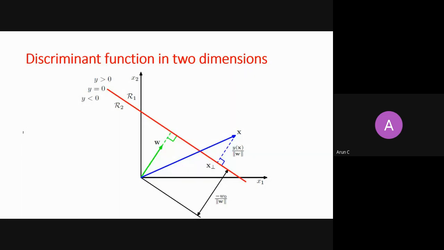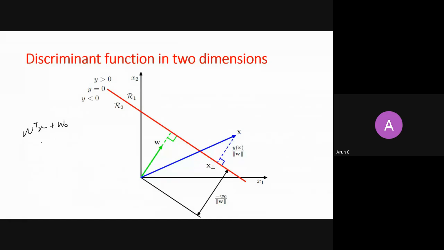So this is W transpose x plus W0. Here my W is not normalized, but I am interested in knowing how far the hyperplane is from the origin, right? Very good, Shubham Shriram has written the answer.